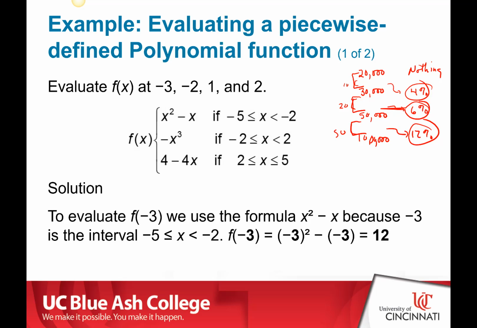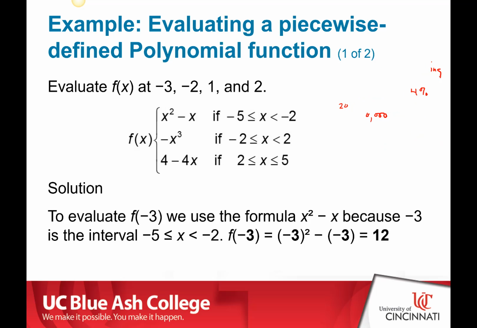Okay. One example of a piecewise function that the book provides is this one. Suppose you're asked to evaluate f at -3. Well, that says we're going to take -3 and plug it into the function. But to plug it into the function, we have to decide which rule we use.